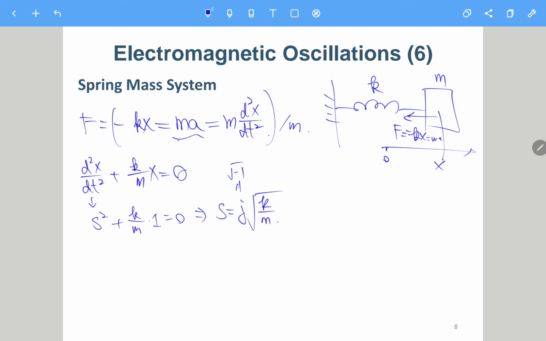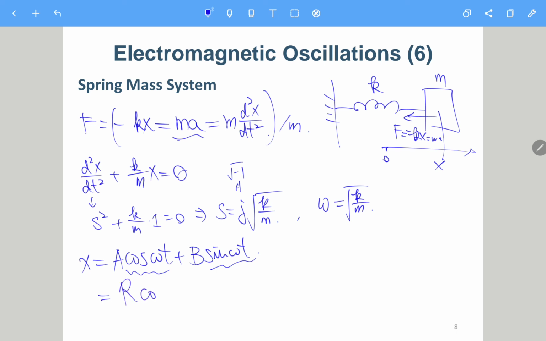Okay, so here we know that x should be a cosine of omega t, where we call omega the square root of k over m. So we can write it as a cosine omega t plus b sine omega t. In high school trigonometry, suppose you have cosine and sine with the same frequency, you can write it as r cosine of omega t plus phi.